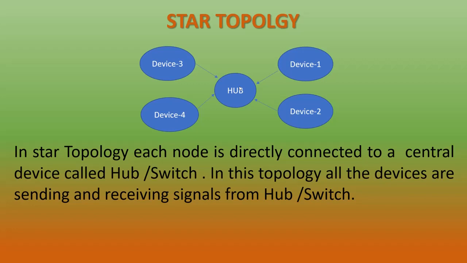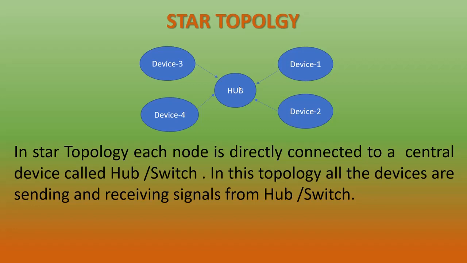Now we can see the advantages and disadvantages of star topology. First we can see the different advantages of star topology. The first main advantage is that installation and maintenance is easy in star topology.